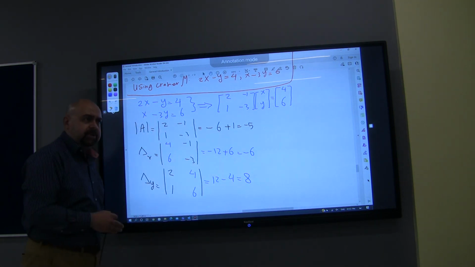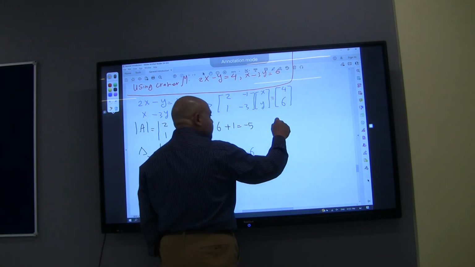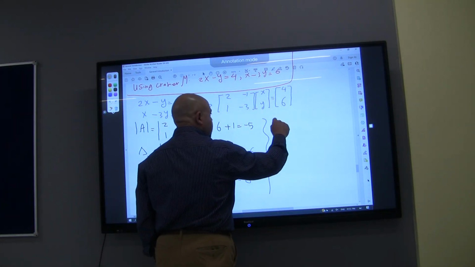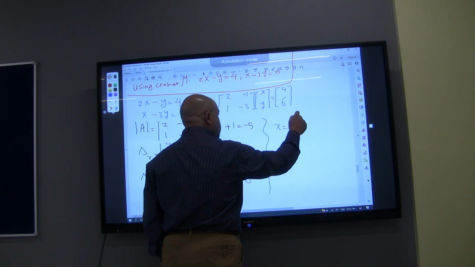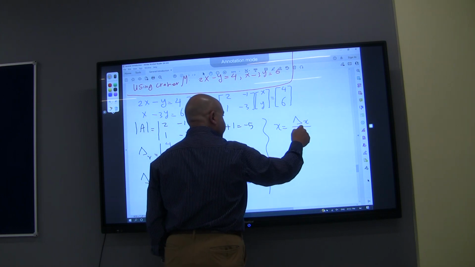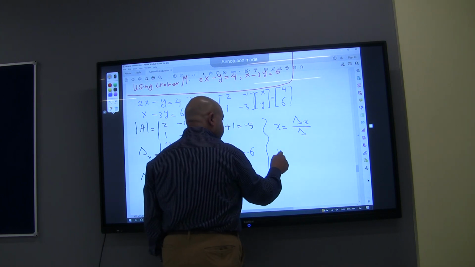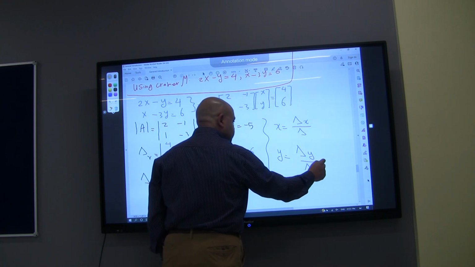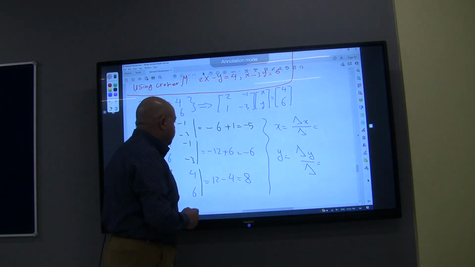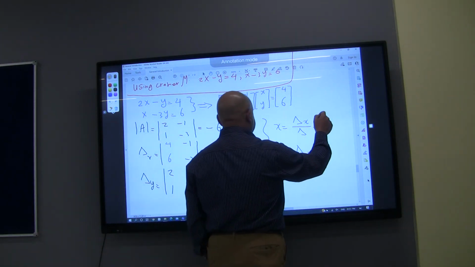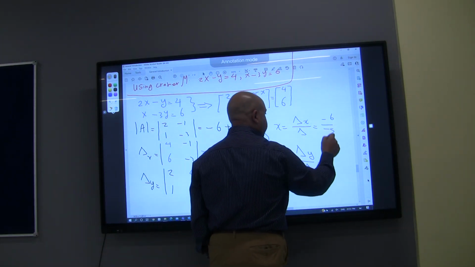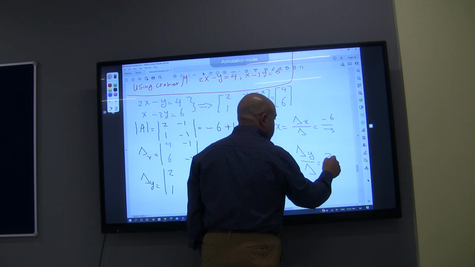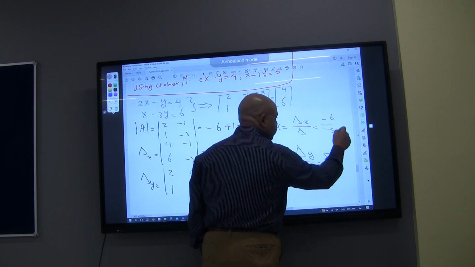From these steps, I can simply find the values. x equals the determinant of x divided by delta, as we studied before, and y equals the determinant of y divided by delta. So we divide negative 6 by negative 5, and 8 over negative 5.